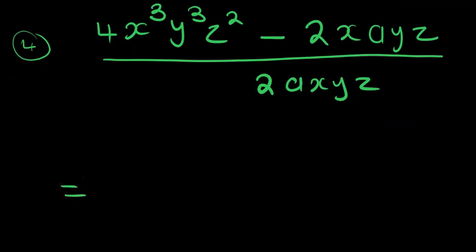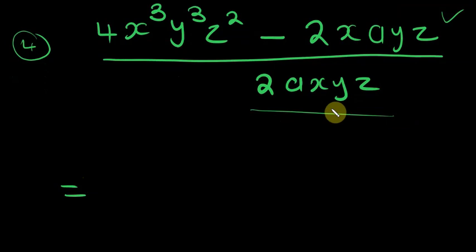Well, that's easy. What we have here is a binomial divided by a polynomial. So the numerator is a binomial and the denominator is a polynomial.